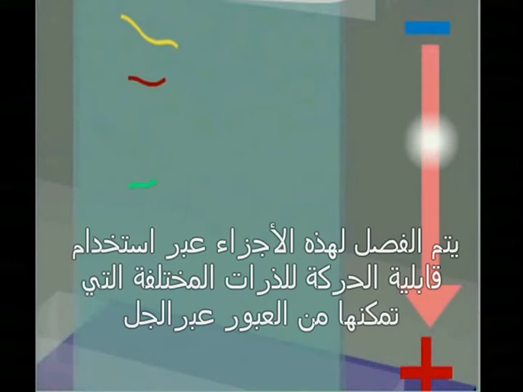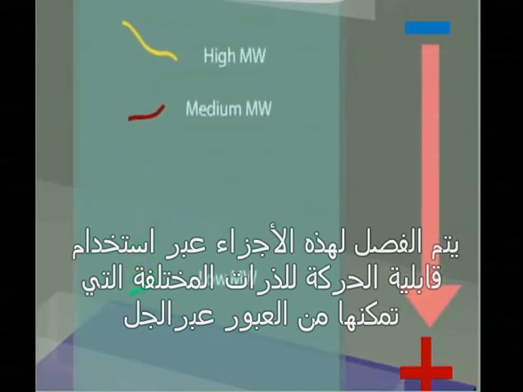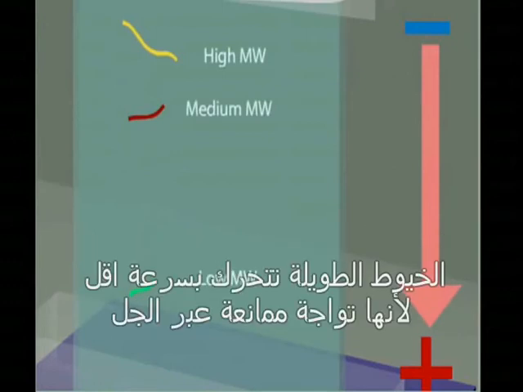This separation of the fragments is accomplished by exploiting the mobilities with which different sized molecules are able to pass through the gel. Longer molecules migrate more slowly because they experience more resistance within the gel.